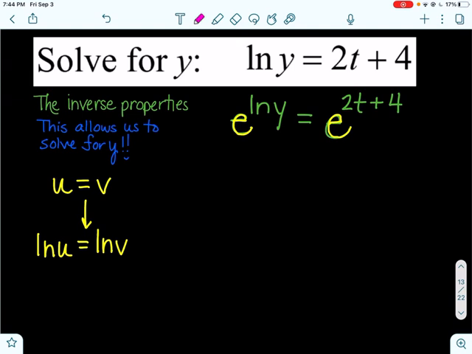So we're using e as a base here, using this property over here, where if u is equal to v, and as long as we can take the logarithm of u and v, we can't take the log of a negative number, but as long as I can take the logarithm of them, I can then say ln of u is equal to ln of v.